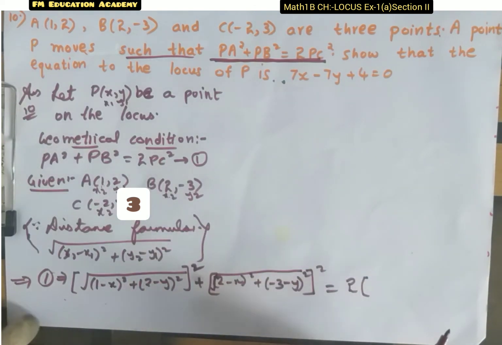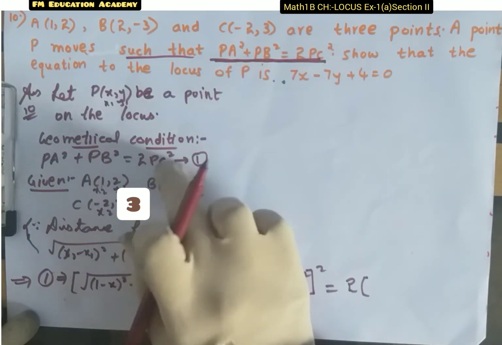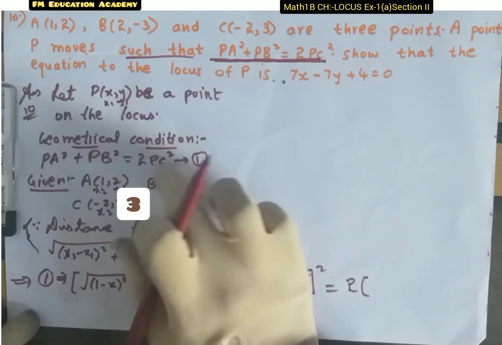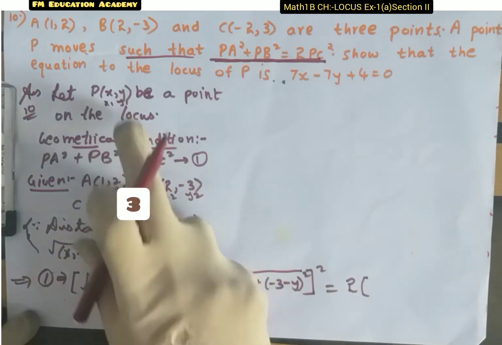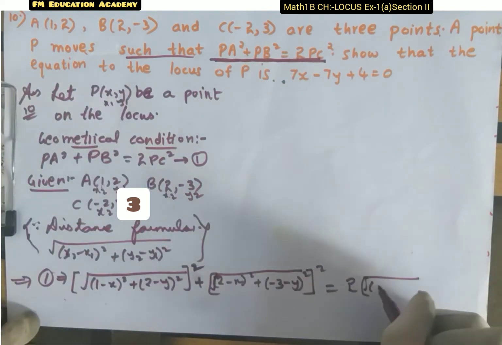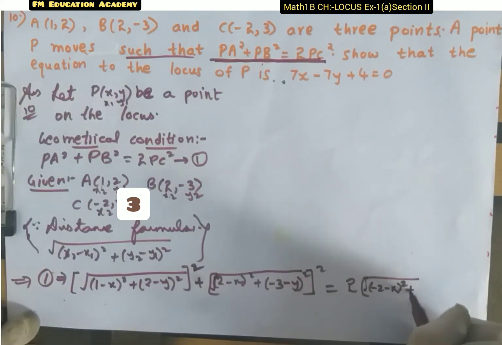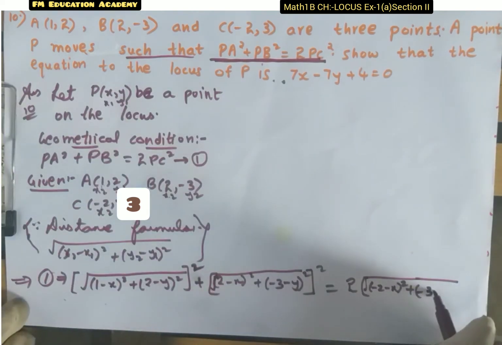Okay, be very careful. Here 2 is separate, and when we open the square it belongs only to PC, not to 2. So PC square is, P is x1 y1 and C is x2 y2, minus 2 minus x whole square plus y2 minus y1 whole square, that is minus 3 minus y whole square.